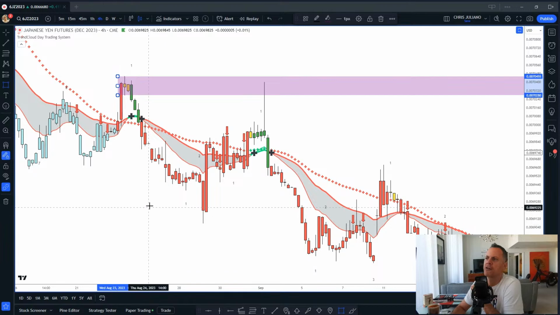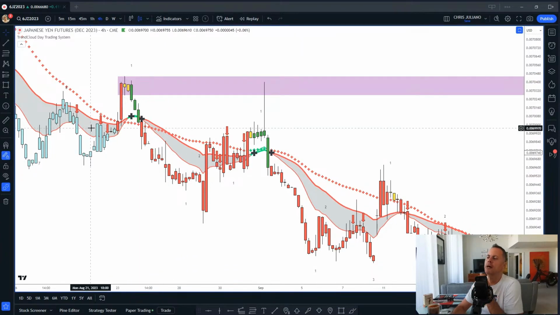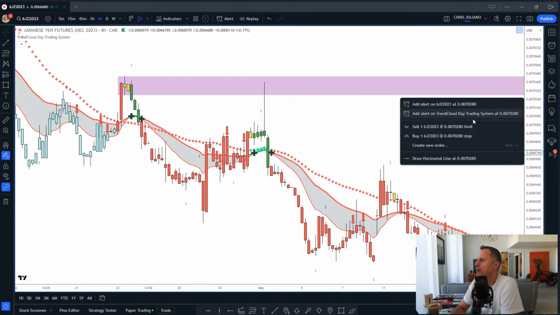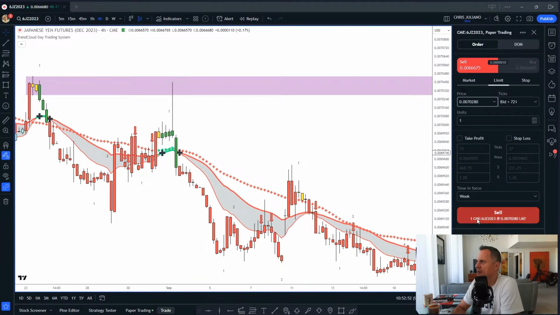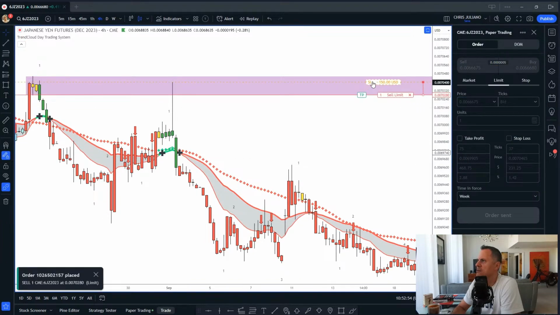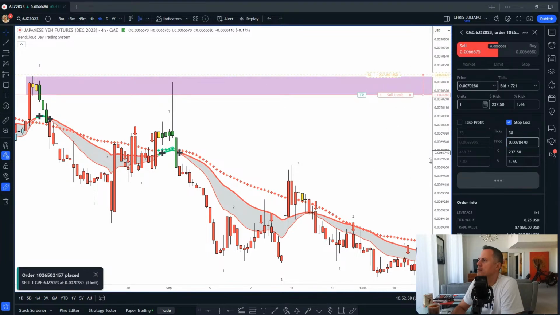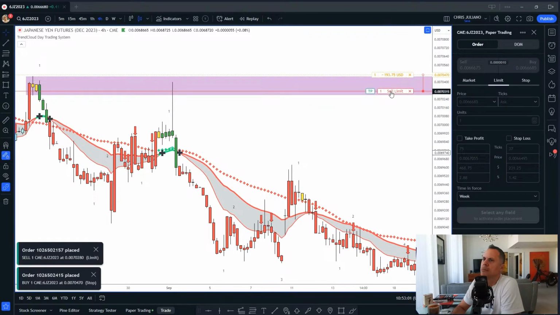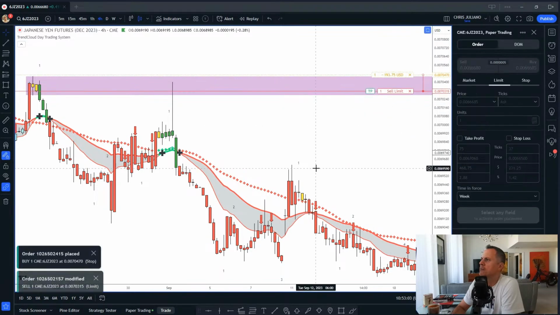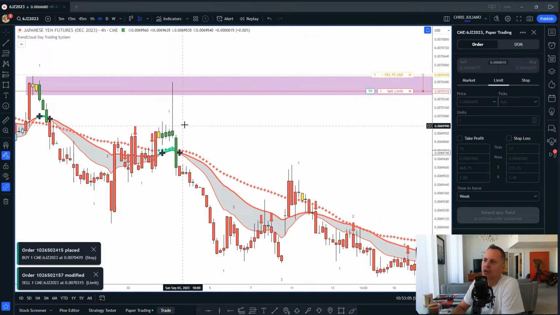Take notice of this stuff. Now, remember, this is the 4-hour chart. You would have to have this order good till cancel here. There you go. You'd have to have that waiting, right?